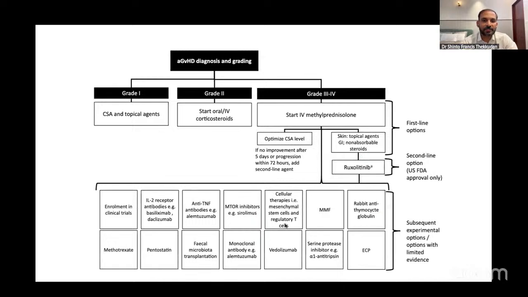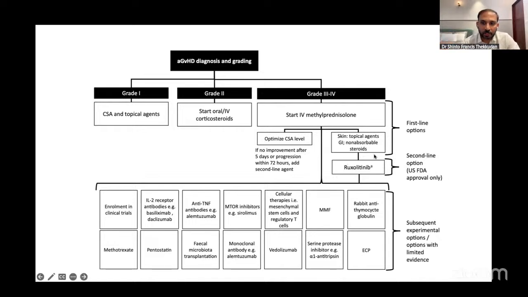For earlier grades, you can give topical agents, topical lotions, steroids, cyclosporin. Grade 2, oral corticosteroids; grade 3 and 4, IV methylprednisolone. Allo transplant patients will be having GVHD prophylaxis going on in parallel. But if GVHD is precipitating, then you have to act with the steroids along with continuation of the cyclosporin or MMF, whatever you have in parallel, right?